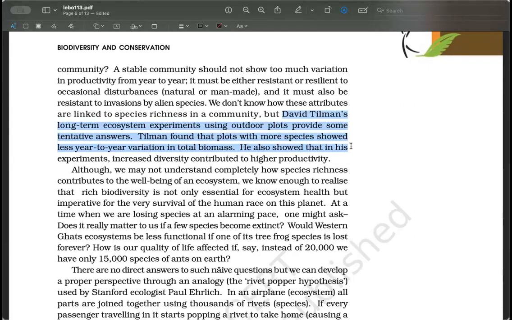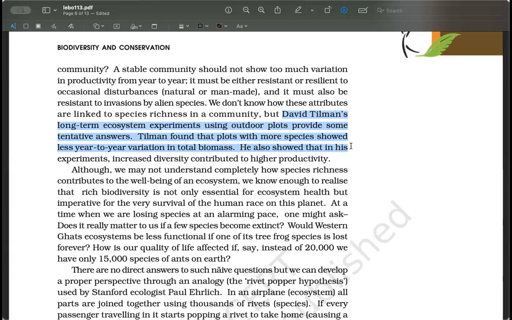And then he started addressing what is the total biomass variation year to year annually. And he realized that in the plot where there was more biodiversity, that plot had less year to year variation. But how? He didn't know.